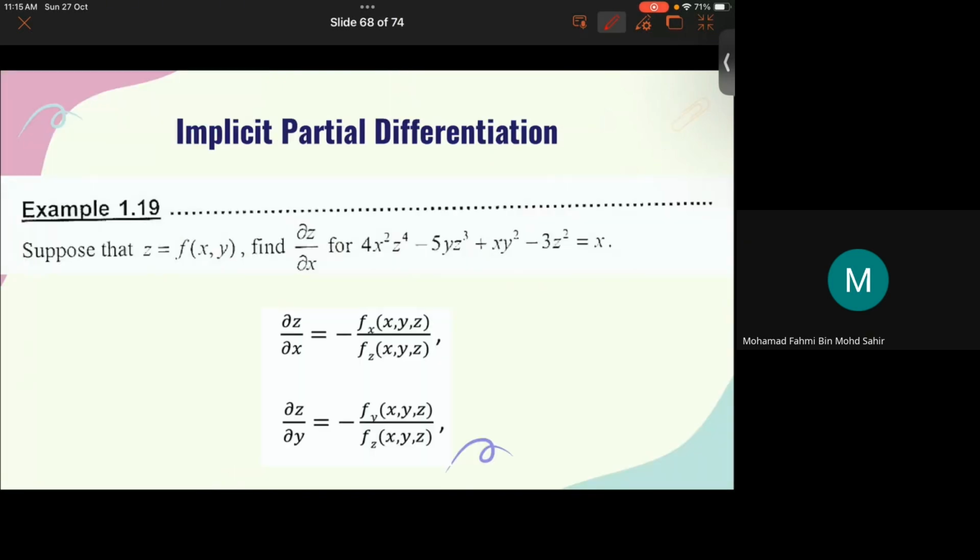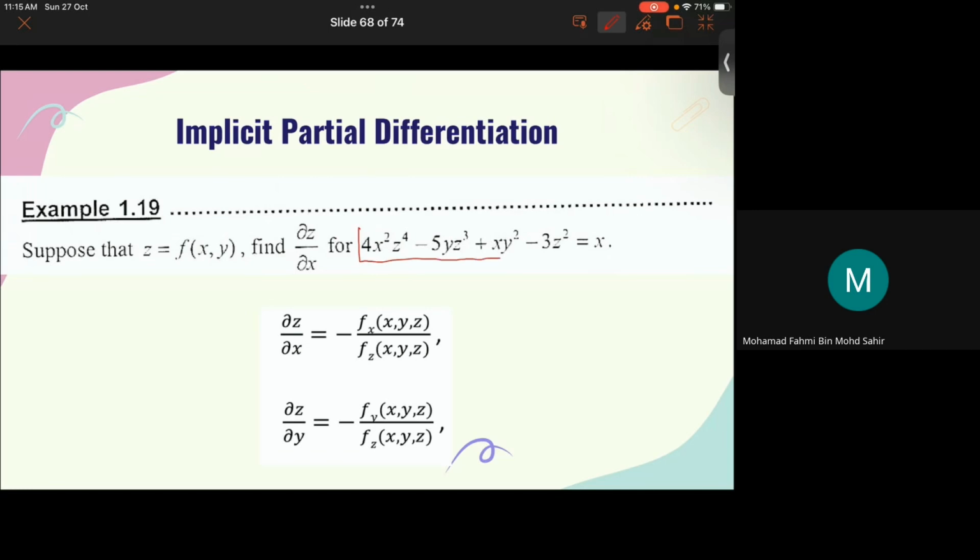Next I will move on to implicit partial differentiation. You will apply implicit partial differentiation when you find that you cannot split the function away from the term that you want to differentiate. Let me take example one here.